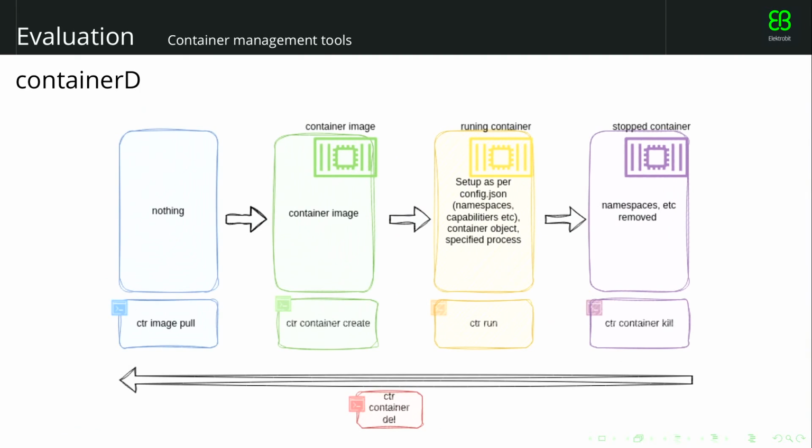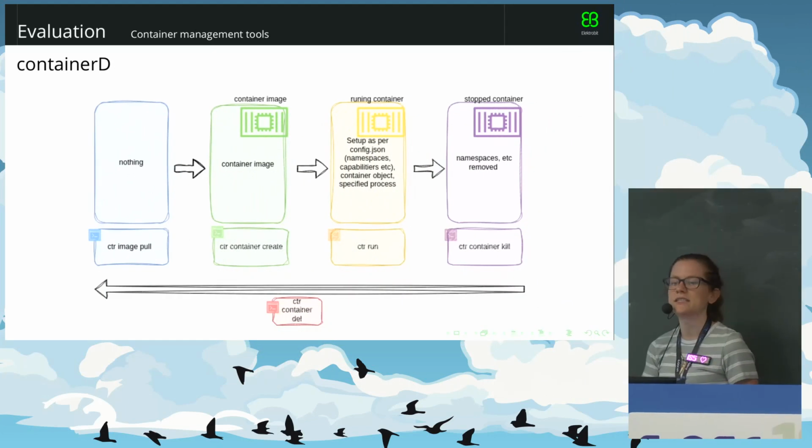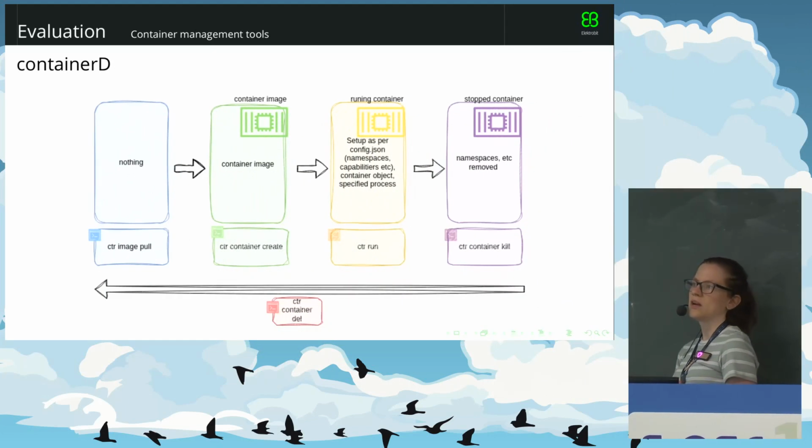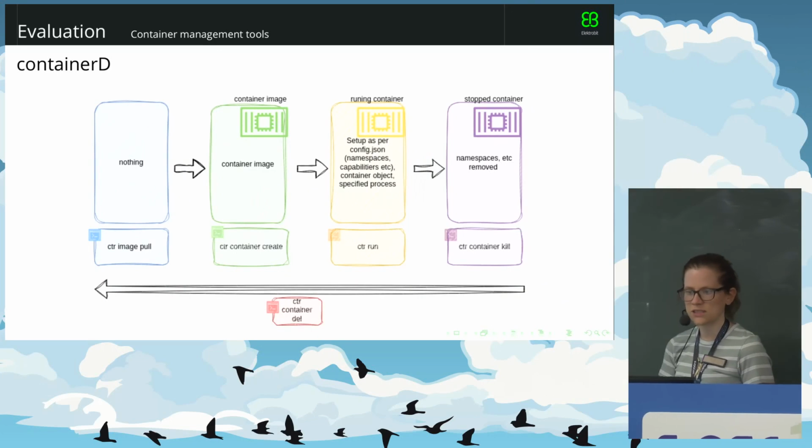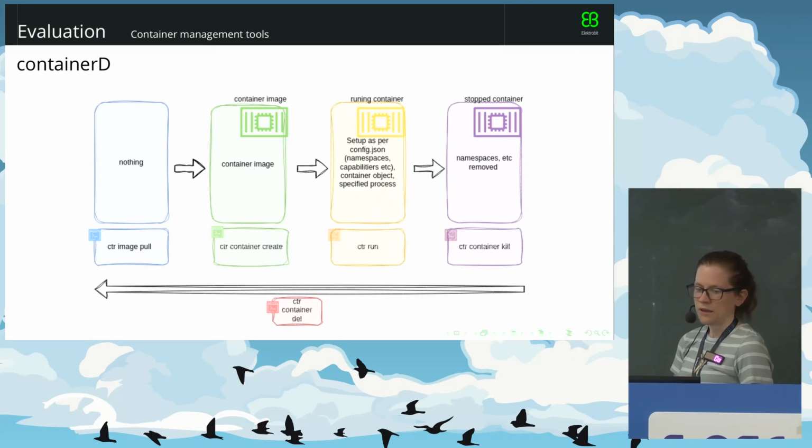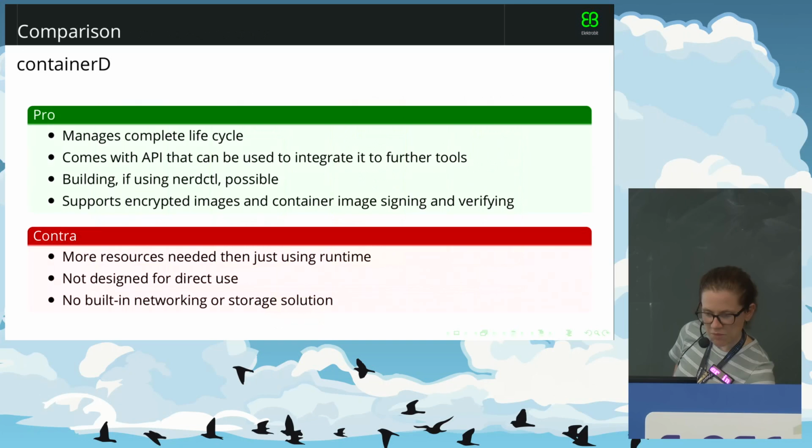Coming to the container management tools, the slide is again very similar here with containerd. With containerd you can have multiple command line clients, but ctr comes with containerd directly if you install it, but there are also other interesting clients like nerdctl. I think you can see the steps are again very similar, so use and feel are very much the same.